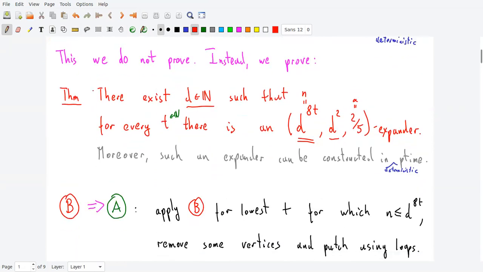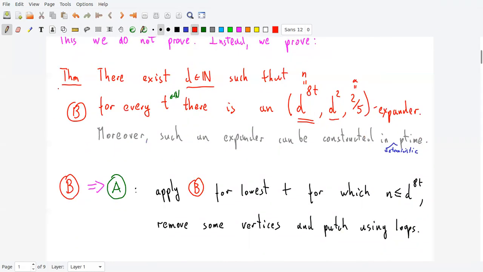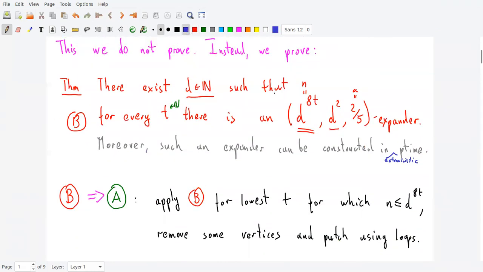How do you actually get from this theorem B that we will prove to the theorem A that is true? What you do is you construct expanders like that with the number of vertices being a power of d to the 8. You take the smallest possible expander such that you have at least n vertices, and then you simply do some patching in it.